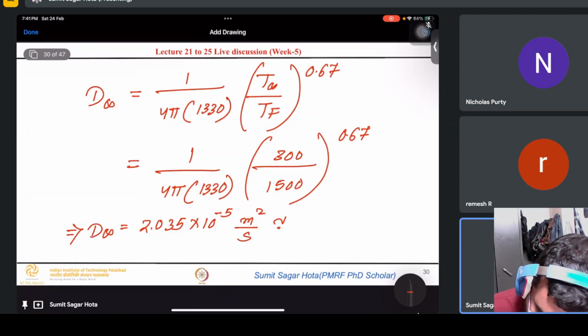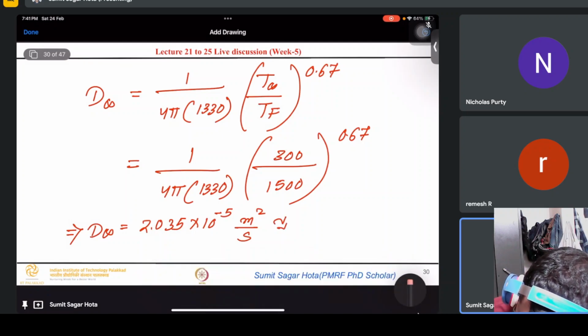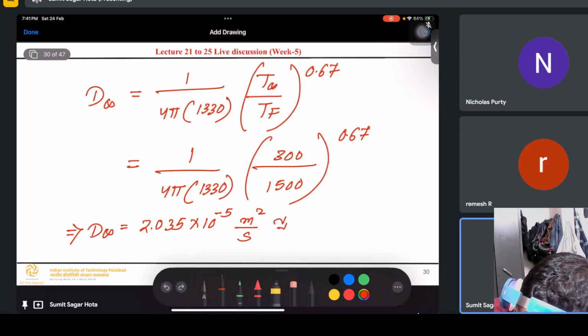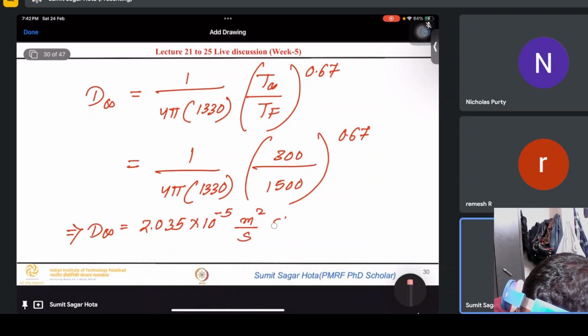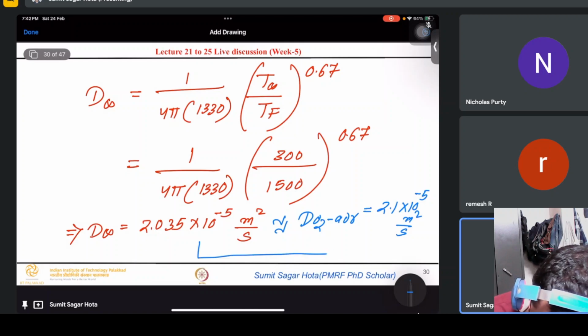It is equivalent to the diffusion coefficient 0.1 into 10 to the power minus meter square, or what, nearly the same values.